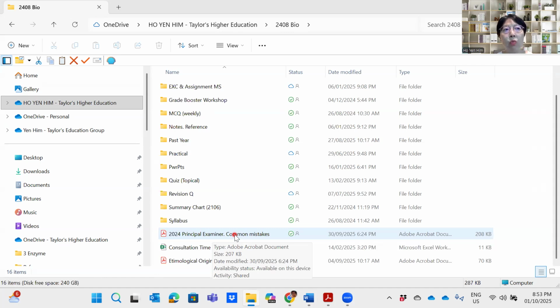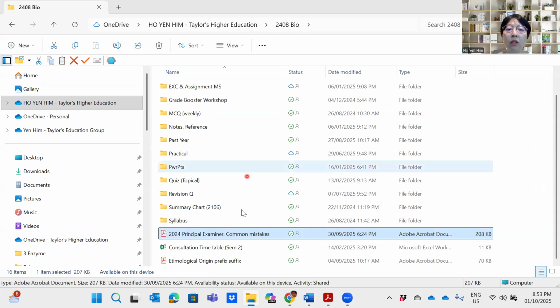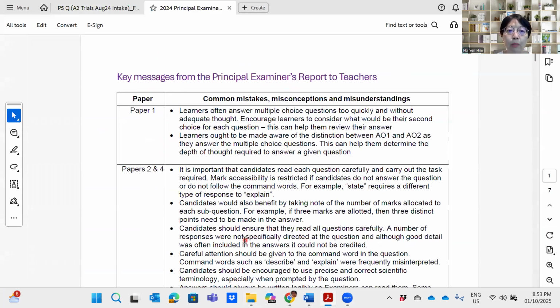So different batch will have different common mistakes. So I have included the new common mistakes identified by examiner in 2024 to the existing 2022 document that are given to you. So everything compiled together inside here. So you see that some of the information there is actually new. So I specifically want to bring to attention, now before exam, please read through all these.